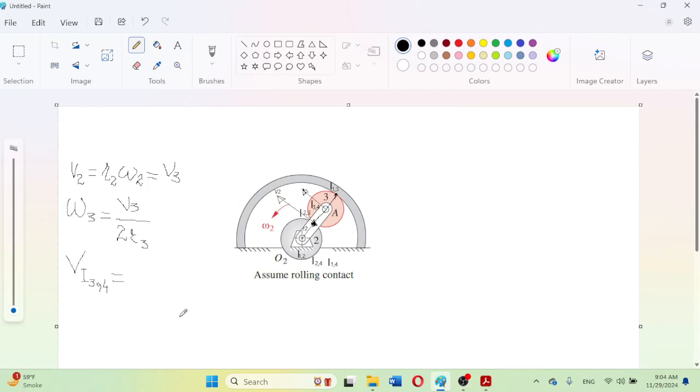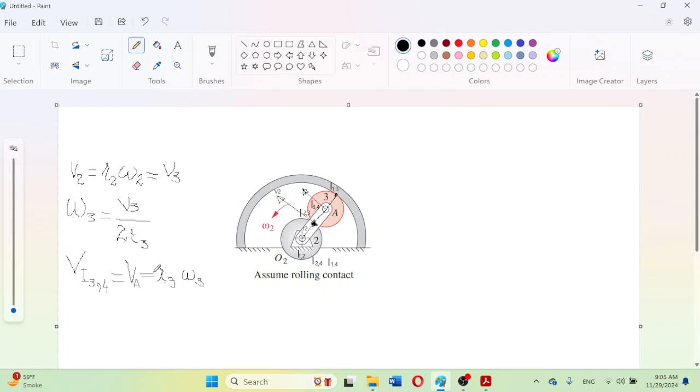Here, the velocity of this center point of this gear means the velocity of point A. If this point is actually A, the center of this link number 3, then the velocity of point A will be equal to R3, the distance from point A up to this instant center, multiplied by omega 3, because this is the angular velocity of the link in complex motion.